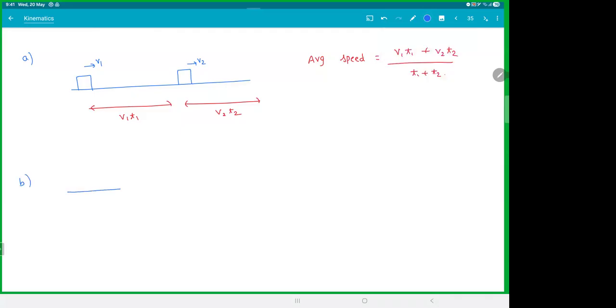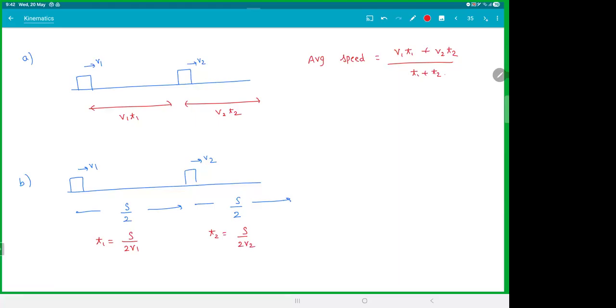The second thing, you're saying you're traveling with speed V1 for half the distance and V2 for the remaining half. Now, what is that distance? I don't know. So let me call it S by 2 and S by 2. So for a distance of S by 2, how much time will you travel? Distance by speed, S by 2 V1. What is the time here? S by 2 V2.